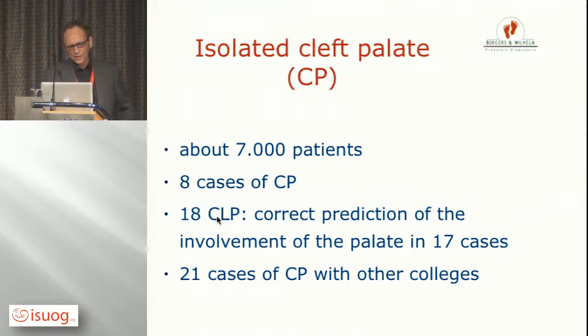In our series, we had 18 cases of cleft lip and palate, and we were able to predict the involvement of the palate correctly in 17 of these 18 cases. And together with other colleagues using this technique too, we have collected 21 cases of prenatally diagnosed isolated cleft palate.